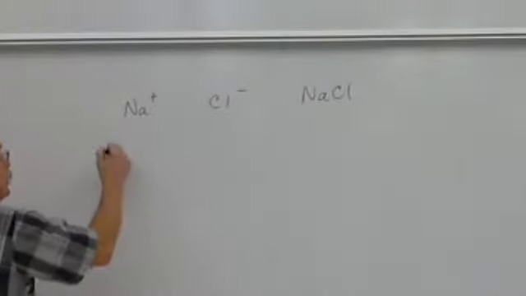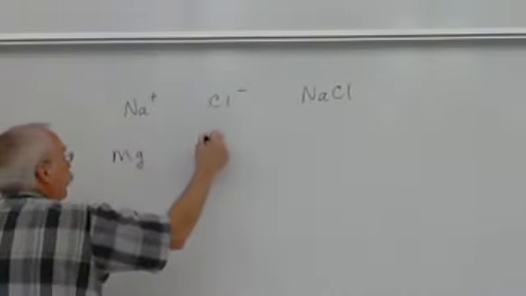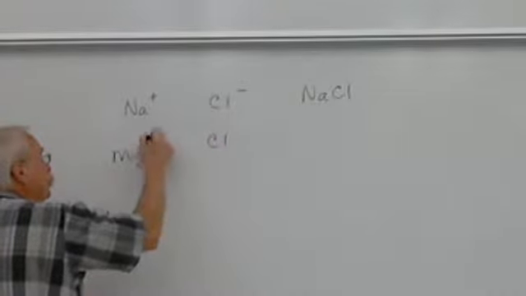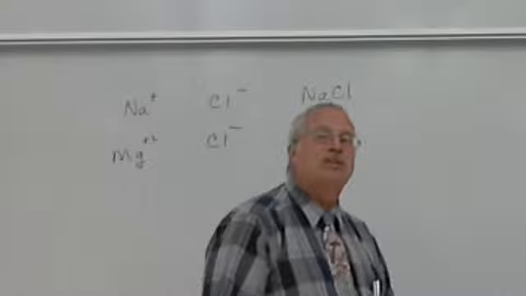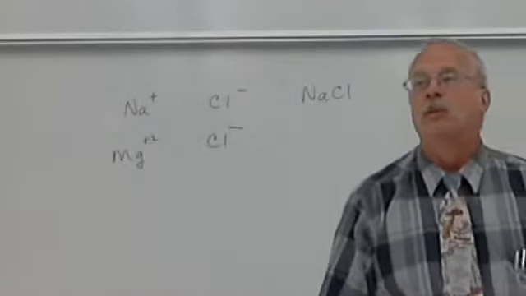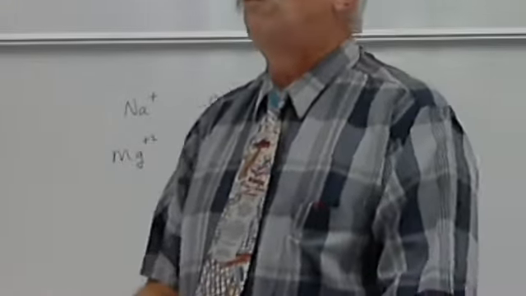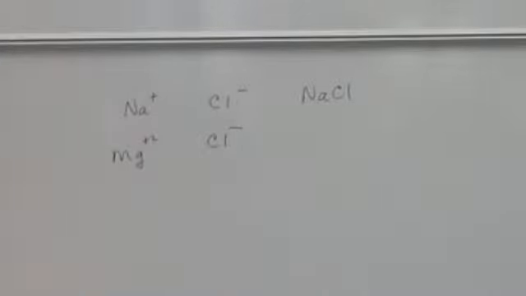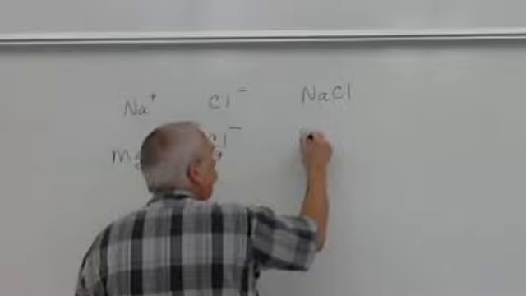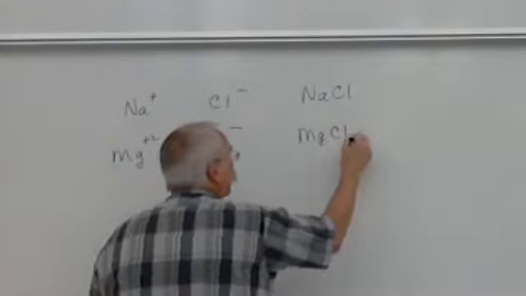If it were magnesium and chlorine, magnesium is a 2+, chlorine a -1. So a 1-to-1 does not handle this situation. If we put these together as a 1-to-1, we would still have extra positive charge because we only have 1 negative. So the answer is we need 2 negative charges, and the way to get that is to take 2 chlorines. So the correct formula would be MgCl2.